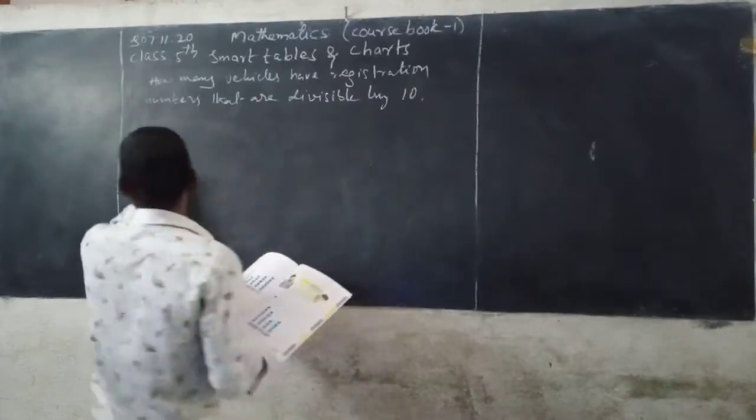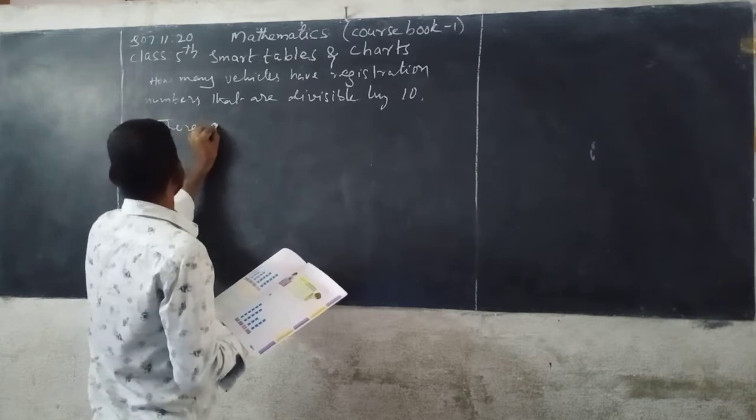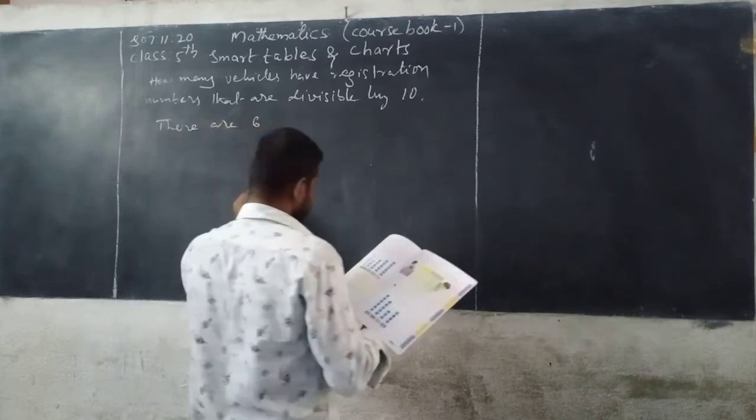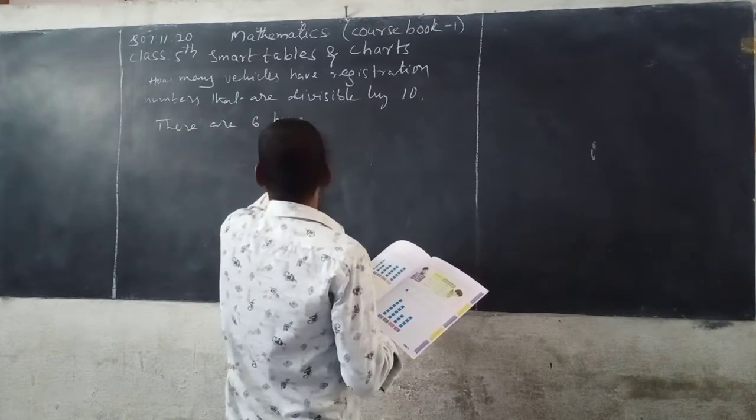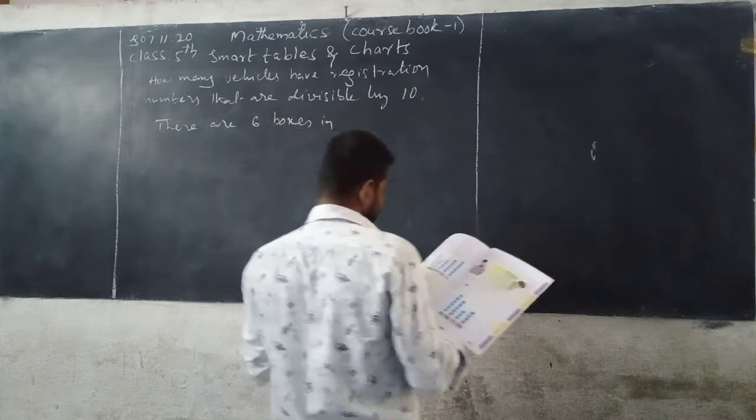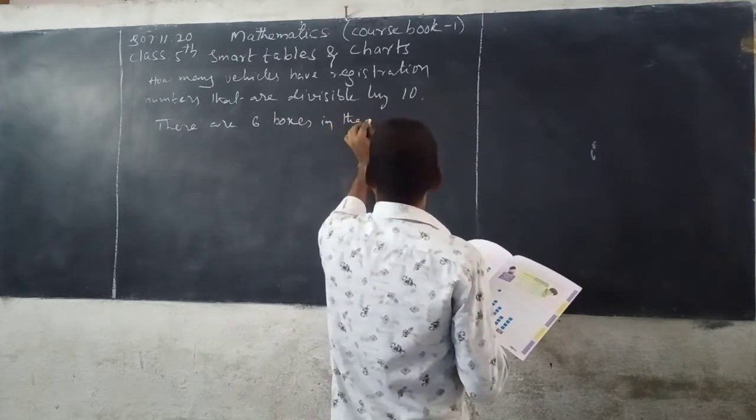See, there are 6 boxes in the divisible by 10 column.